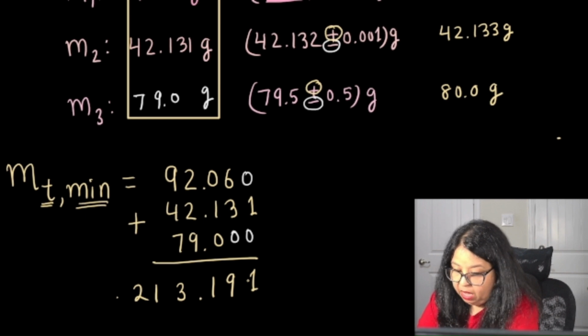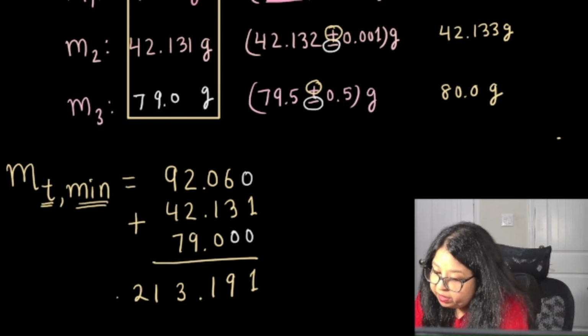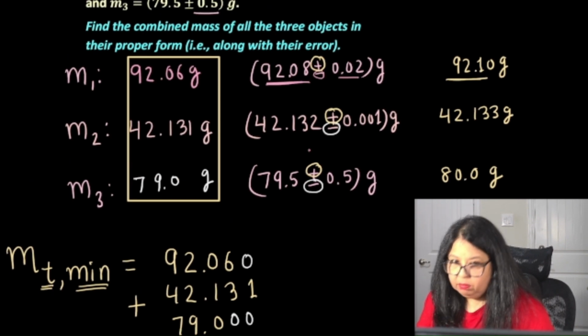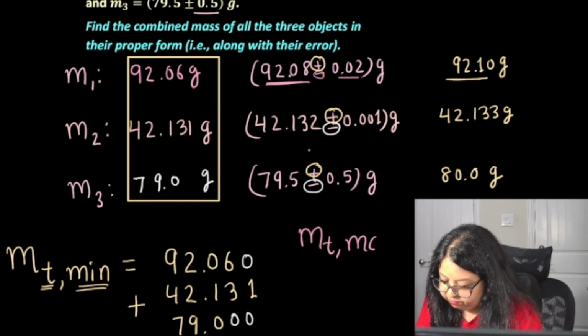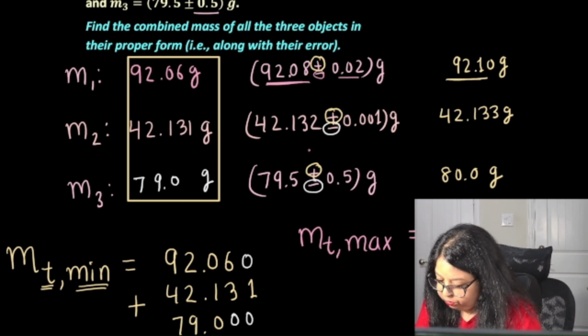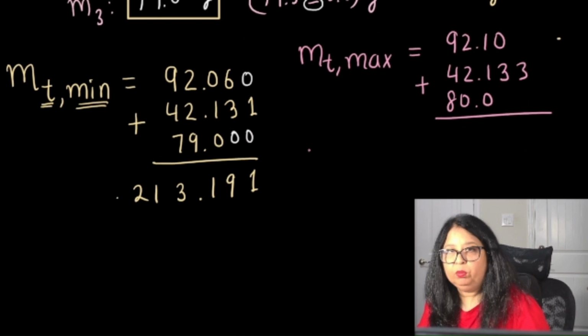Okay. Now let's go ahead and find out the highest possible value. So M total max will be 92.10, 42.133, and last is 80.0. We're adding these up.